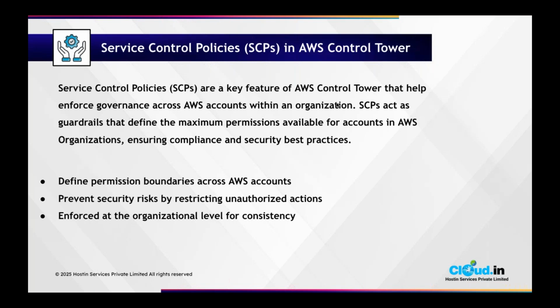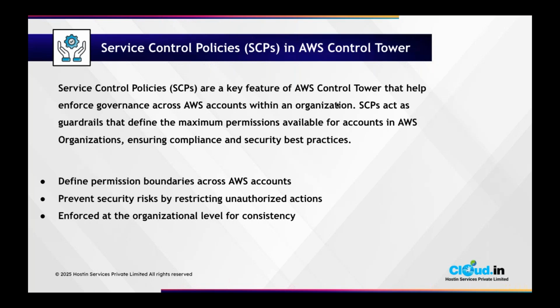Now let's take an example of how SCPs enforce governance in AWS. Imagine having multiple AWS accounts, and you want to ensure that only administrative accounts can create a new IAM user. If any non-admin account attempts to create an IAM user, the action should be blocked.